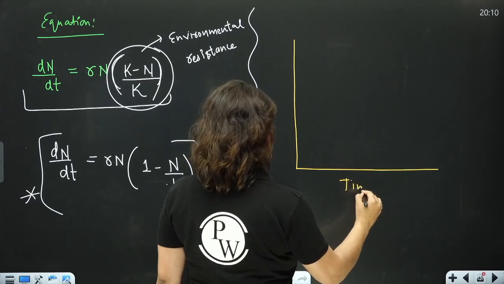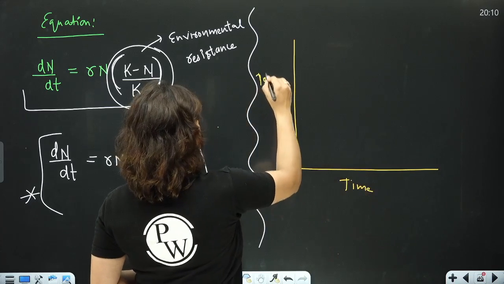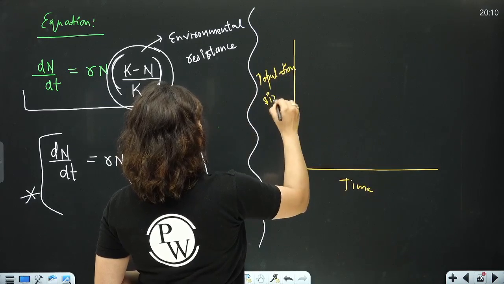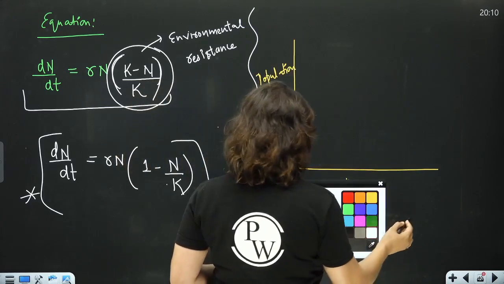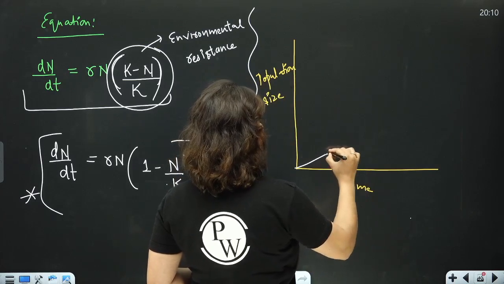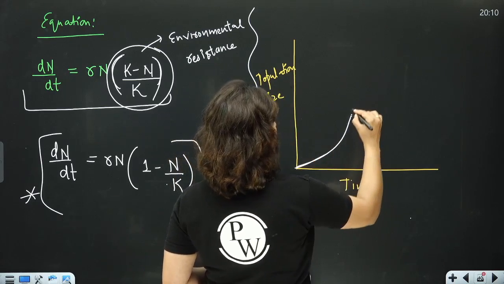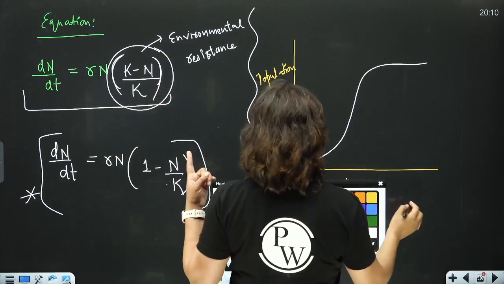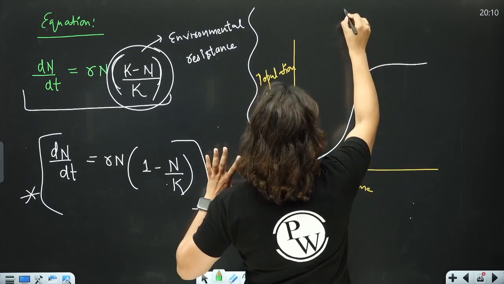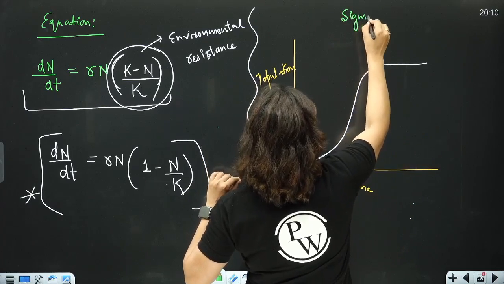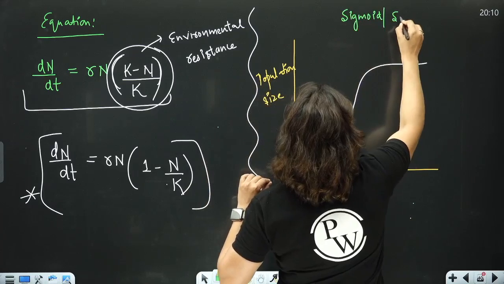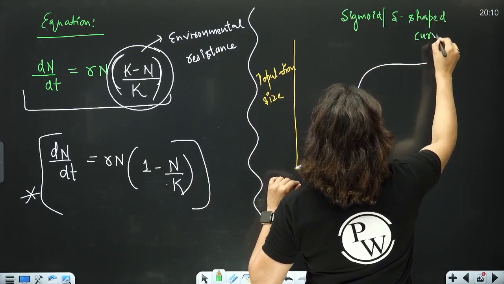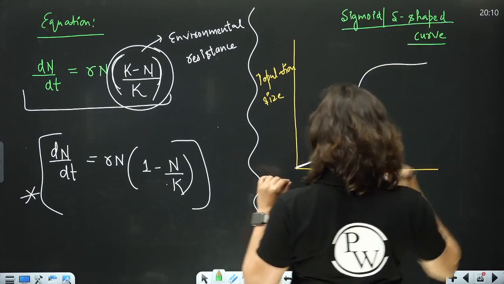If I am taking time here and the population size here, then the type of growth curve it shows is called the S-shaped curve. Here, in the geometrical growth curve, it was a J-shaped curve, but here it is a sigmoid or S-shaped curve.